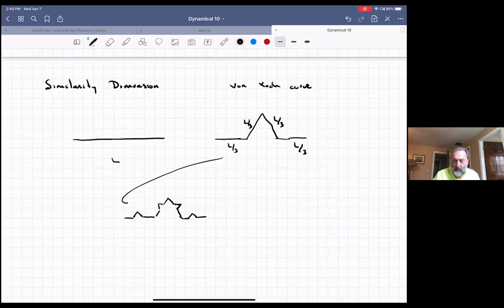So in each step, you go to each straight line segment, you erase the third in the middle, and you make a little triangle there that has that length on it. Okay. And then you keep going, right? So then you've got line, dot dot dot.